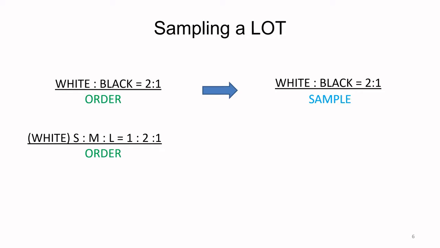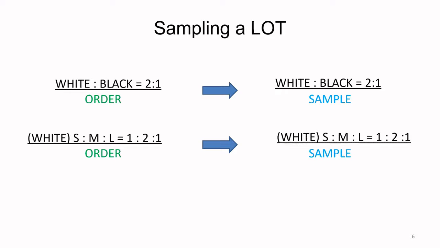And that was in terms of color-wise order quantity. Now within white, let's say the size-wise ratio of small to medium to large is 1 to 2 to 1. Then your sample also should contain, when you're taking out samples of white color, the same ratio, small to medium to large, in the ratio 1 to 2 to 1. This is the thumb rule. It cannot be broken. It must be followed to the best possible round figure.